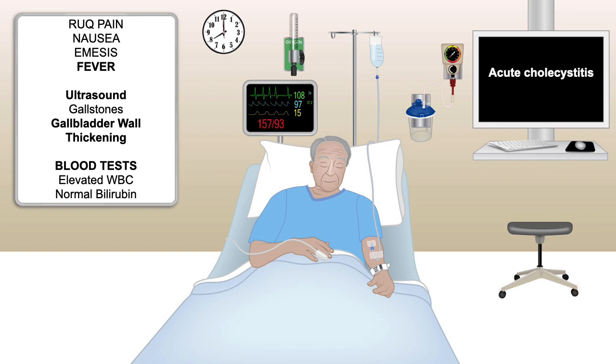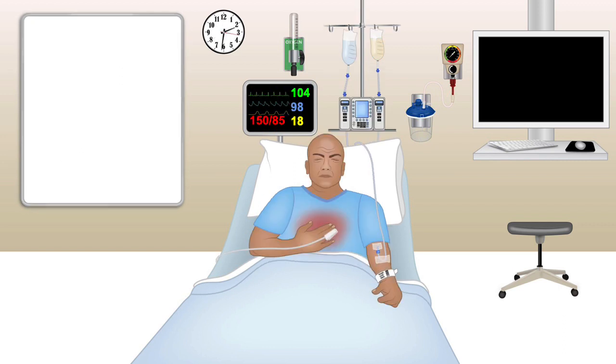Okay? So we talked about biliary colic, we talked about acute cholecystitis. The difference between biliary colic and acute cholecystitis is the presence of not only pain, but pain with signs of inflammation, with thickening of the gallbladder wall and signs of inflammation in the blood with elevated white cell count as well as fever.